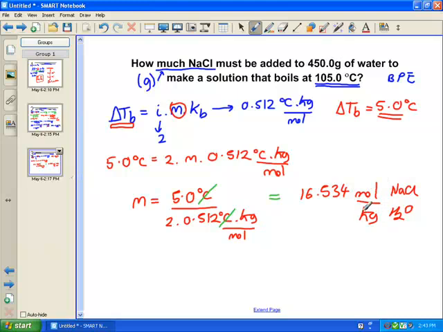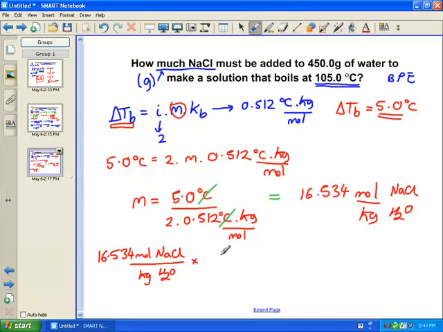But of course we don't have 1 kilogram of water, we only have slightly less than half a kilogram. So we've got to take that into account when we calculate our moles. So therefore we've got 16.534 moles of NaCl over 1 kilogram of water.